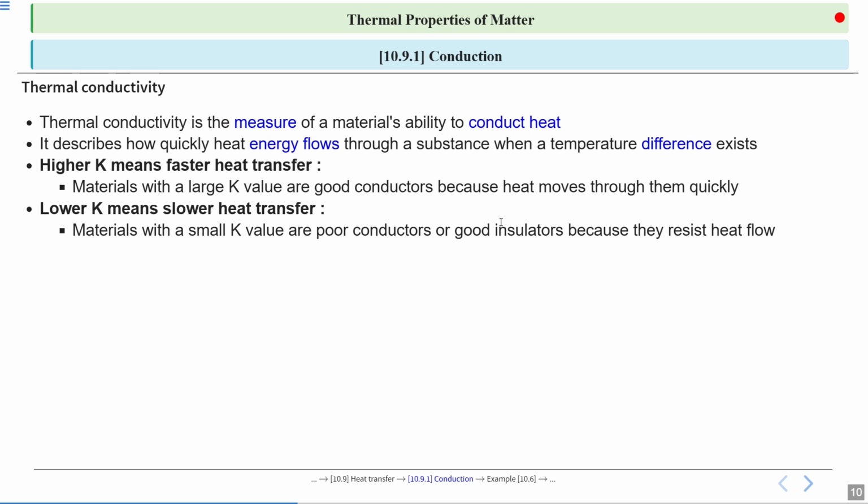Insulators are materials that resist heat flow. So higher conductivity means faster heat transfer, lower conductivity means slower heat transfer, and the material through which heat transfer is slower is an insulator because it resists heat flow.